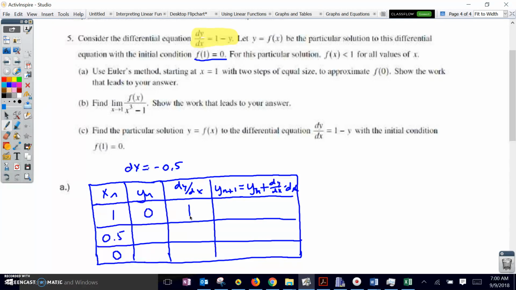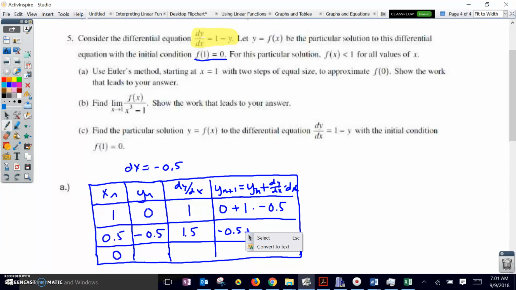And so my new y is going to be 0 plus dy/dx times dx. And so that's going to be negative 0.5. And now I'm going to go ahead and calculate my new dy/dx. It's 1 minus negative 0.5, so that's going to be 1.5.